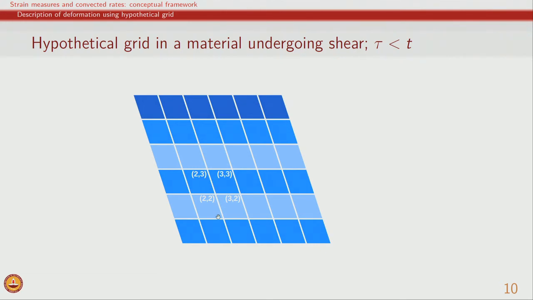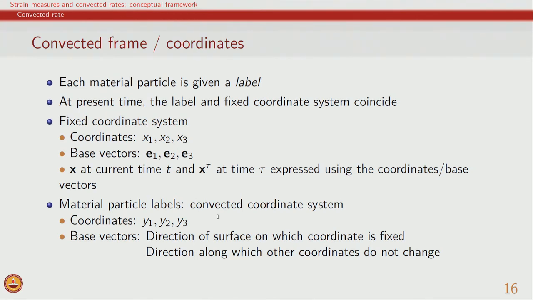So, we will see that therefore, there will be two sets of base vectors that we will be able to define, and these two sets will be based on the question of the direction of the surface along which a given coordinate is fixed, or we could also ask the question as the direction along which the other coordinates do not change.